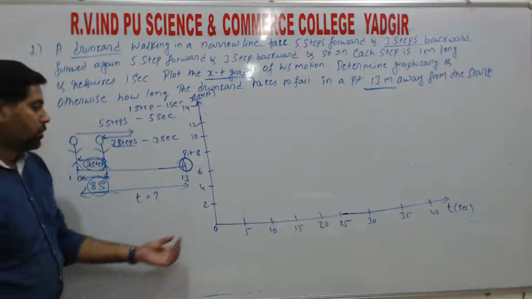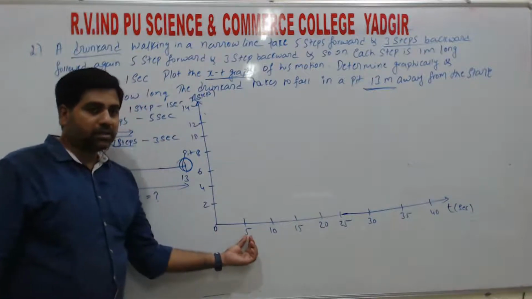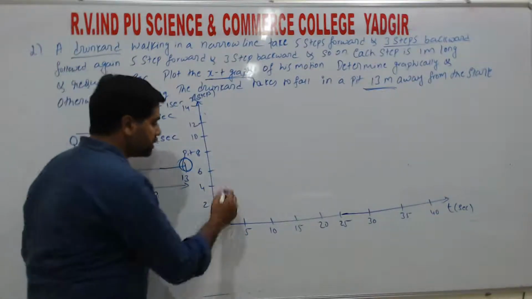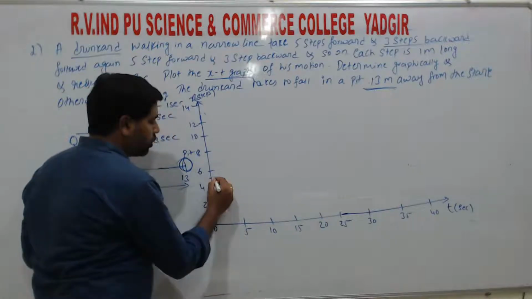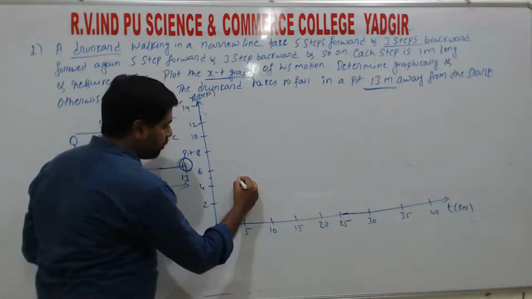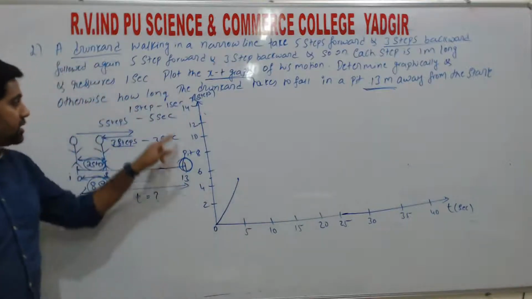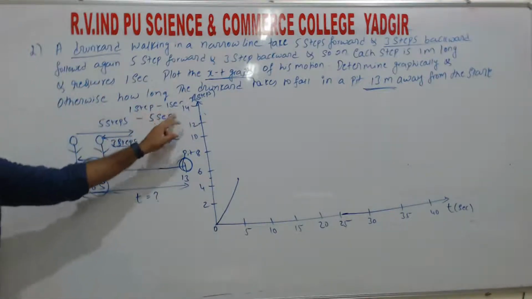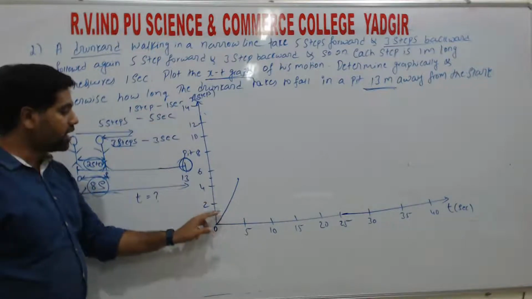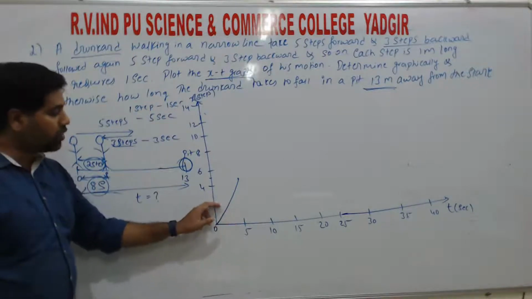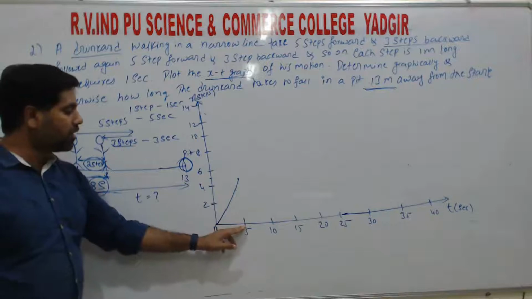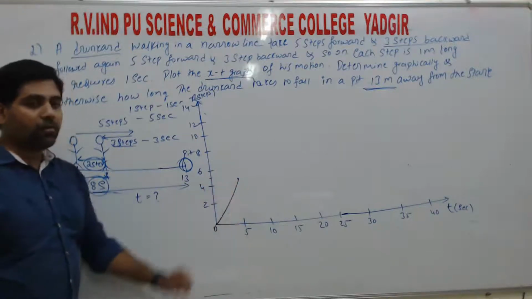Now, 0 to 5 seconds covers how much distance? That is 5, so between 4 and 6, somewhere here, we have 5, right? Because each step takes 1 second, it is linear. For 1 second you cover 1 step, for 2 seconds 2 steps, for 3 seconds 3 steps. Similarly, for 5 seconds you cover 5.